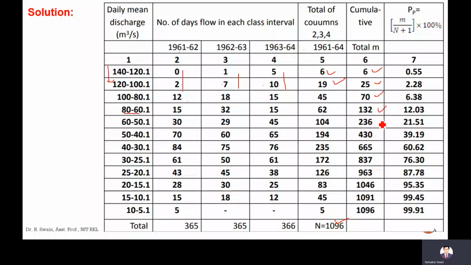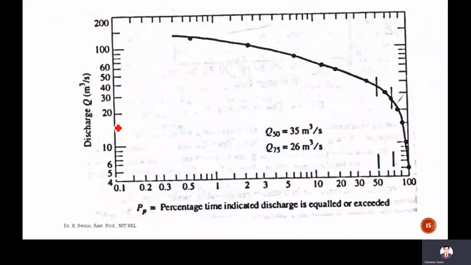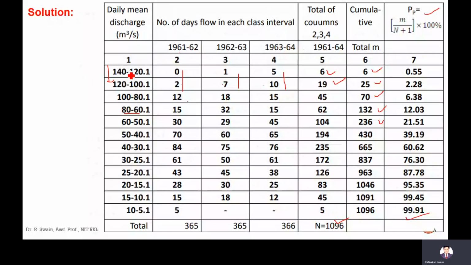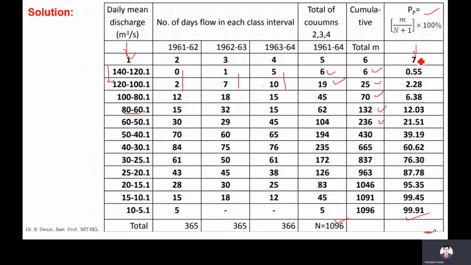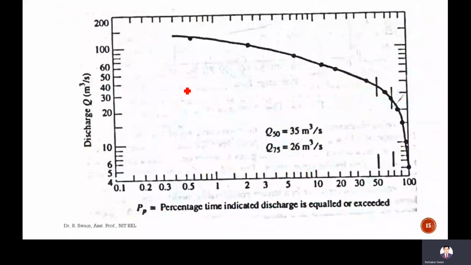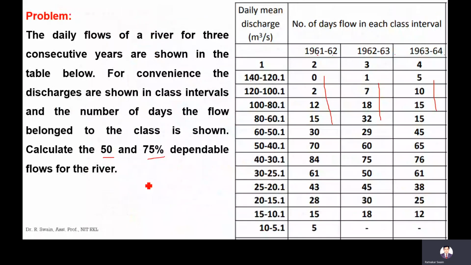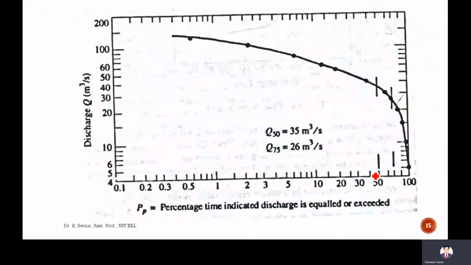So you have to calculate this cumulative value, then using the formula M by N plus 1 you have to calculate the dependable value, P. Then you have to plot the mean discharge against the P value, the dependable value. If you plot, then you will get the 50% and 70% dependable flows.